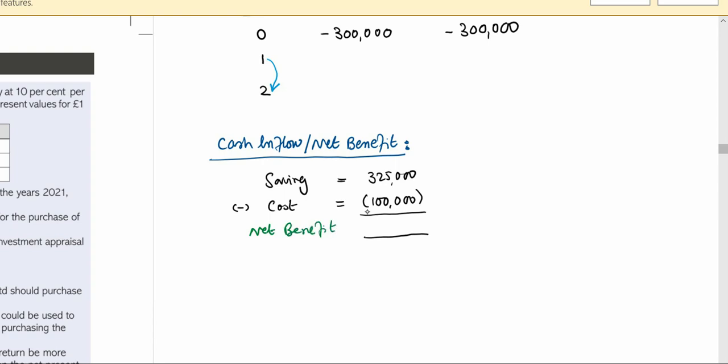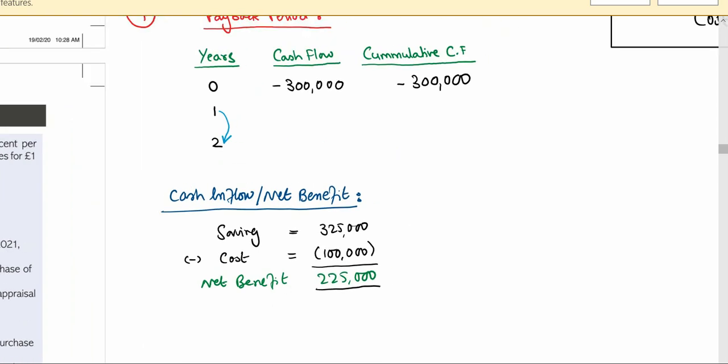Net benefit or net saving is 225,000. So 225,000 we will add here, 225,000. Okay, you can also mention this comes from working number 1, and this comes from working number 1 in this case.